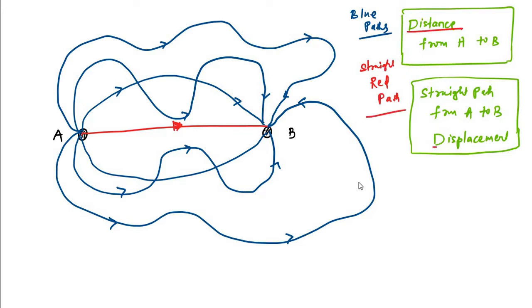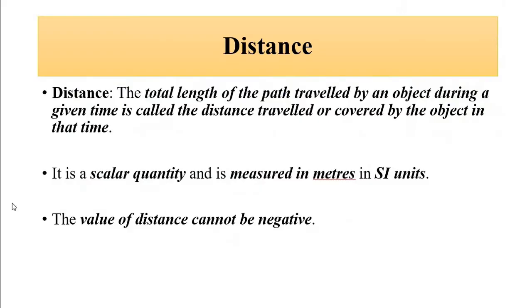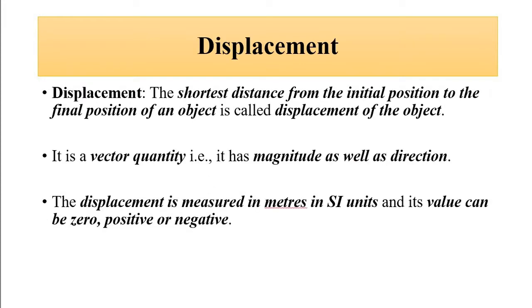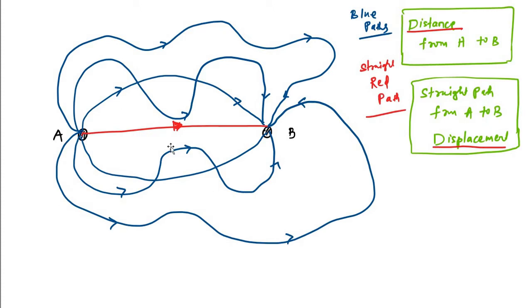So the basic difference between distance and displacement is, distance is the total length of the path travelled by an object during a given time. Displacement is the shortest distance, straightforward distance from the initial position, in this case A, to the final position B.